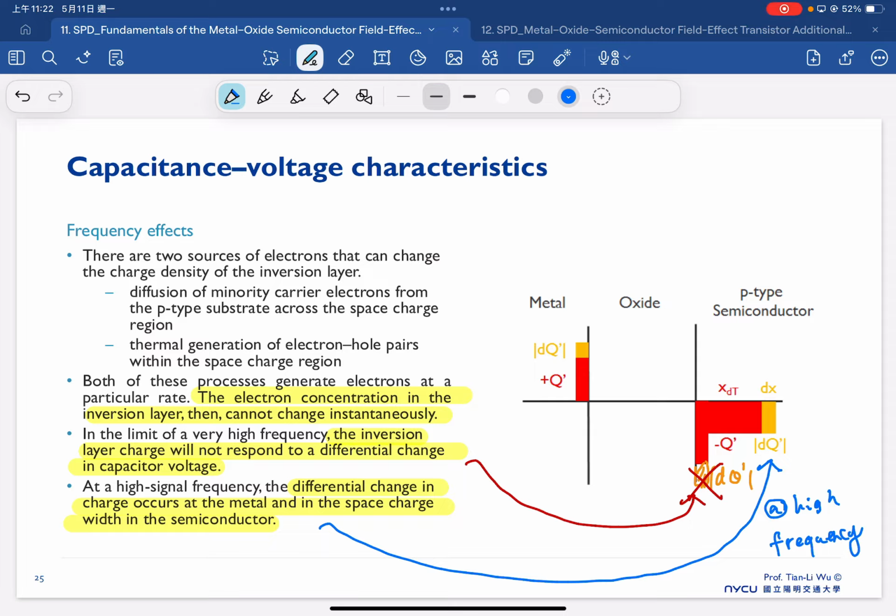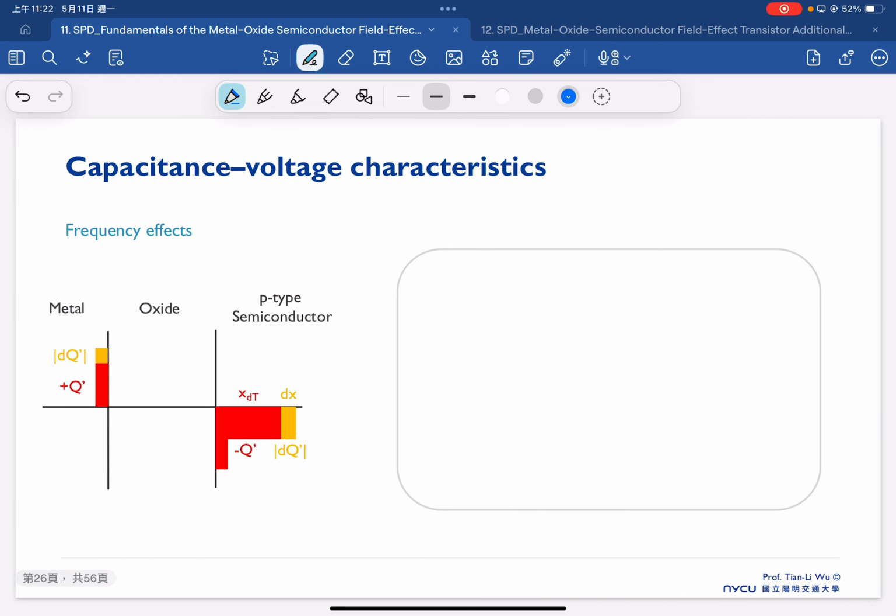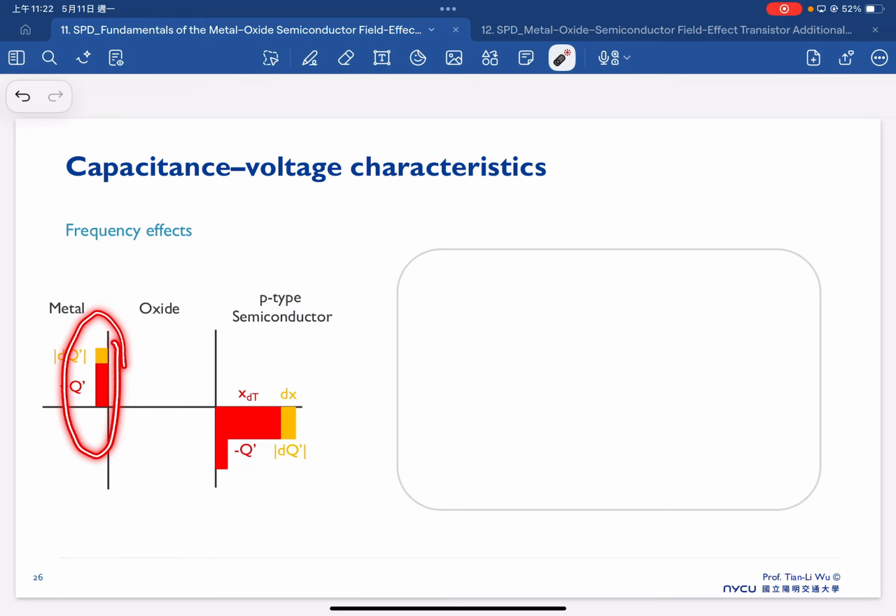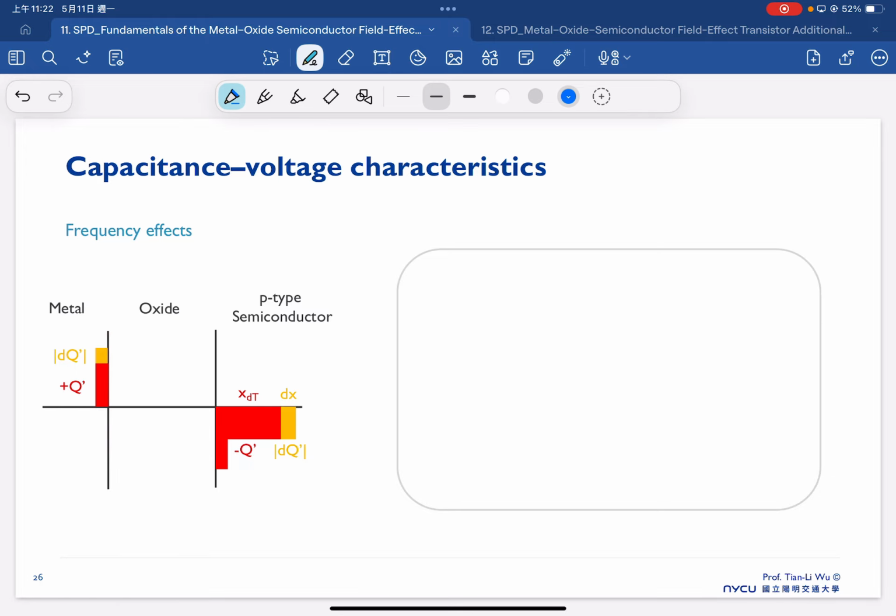So, taking into account these frequency effects, we need to revise our CV curve a little bit. At high frequency, under the inversion bias, the capacitor now becomes a series of C_ox in series with C_SD again.